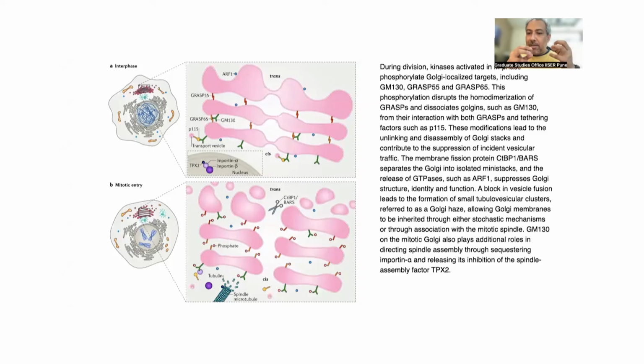And you can see that the Golgi now breaks into smaller pieces, right? And these pieces now get moved around by the cytosol and distributed throughout the cell. And then when division happens, you pretty much get an even distribution between the two daughter cells.